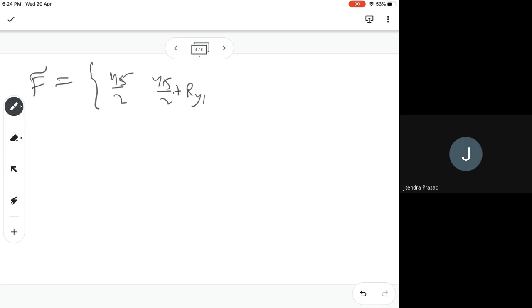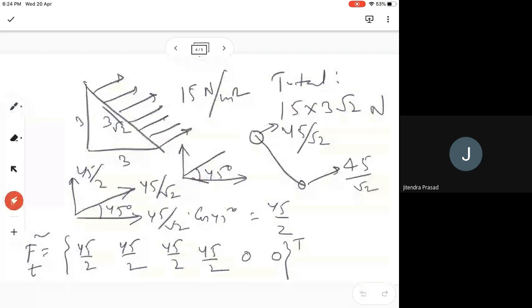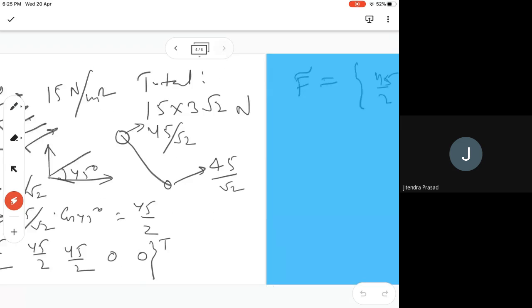Then we have 45 over 2, Rx2, and this Ry2.